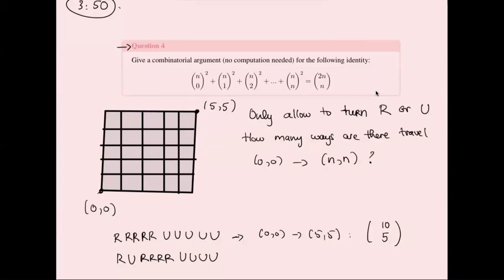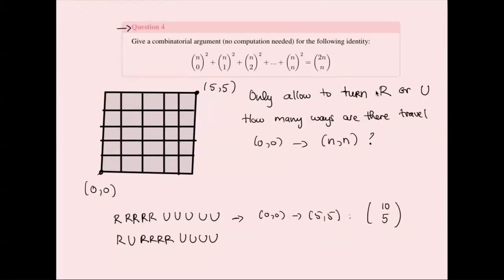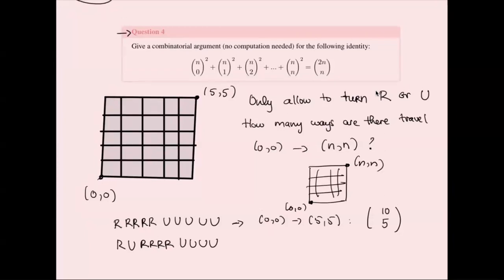Yep, thank you. So if we generalize this from 0, 0 up to n, we have from 0, 0, this point here, we go up to n here.